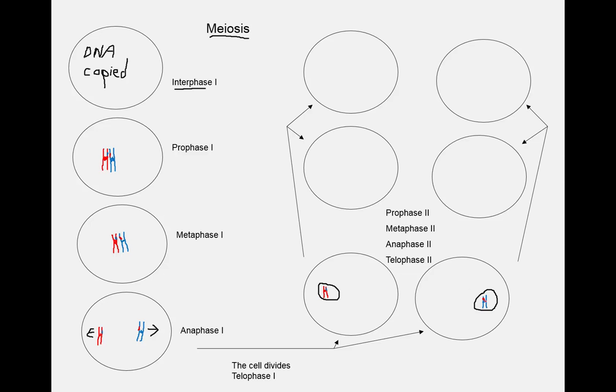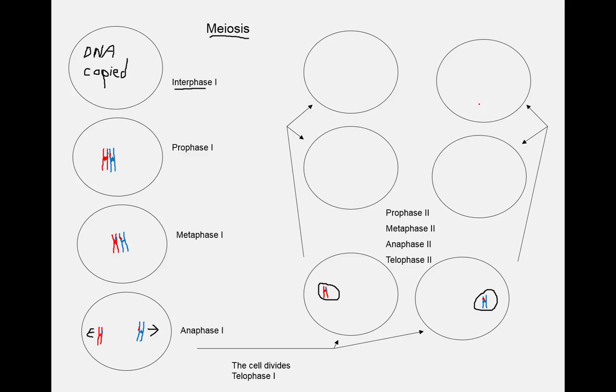So we need to separate the reds and the blues and make cells that have only one of those chromosomes. You don't want double the DNA in a gamete, right? So just like in mitosis, we separate sister chromatids. So it's basically the same exact thing that happened in mitosis, except now obviously we have cells that are haploid.